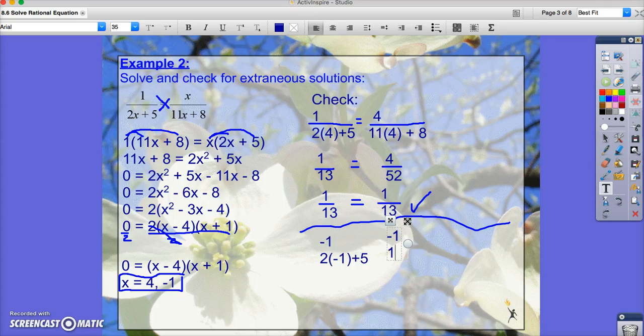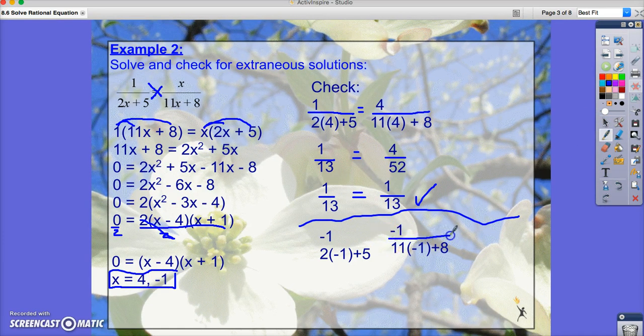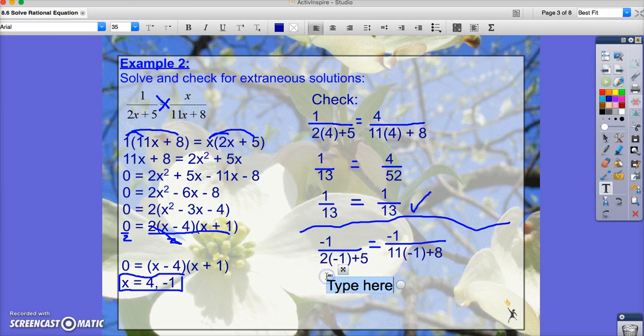I'll add my fraction bar as an equal sign in a minute. Here's what we get, equal to this. All right, so I get negative 1 over negative 2 plus 5 is 3. Oh, actually, I'm sorry about that.